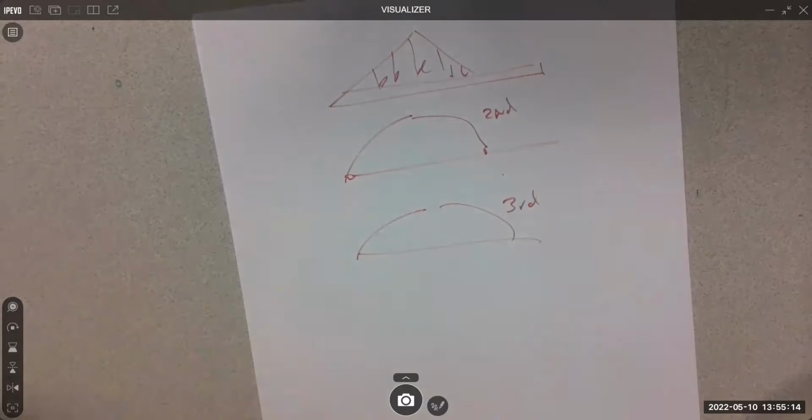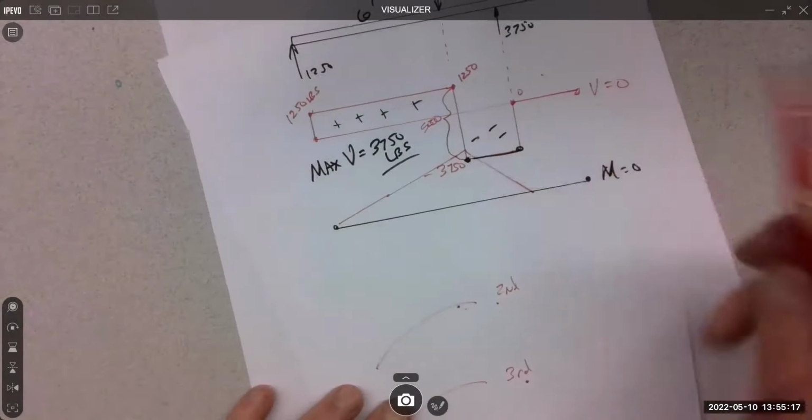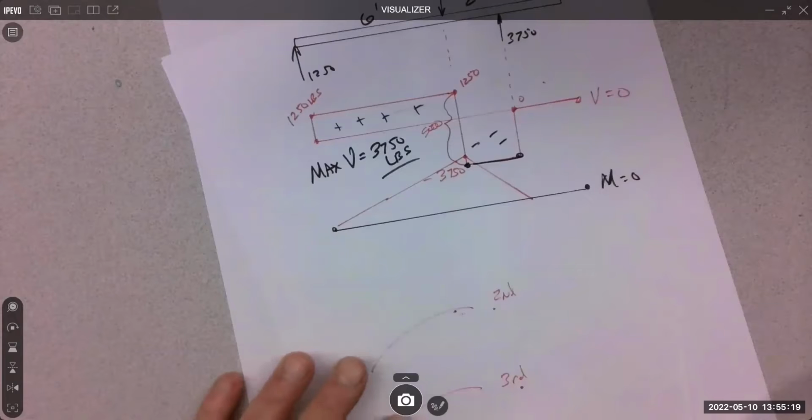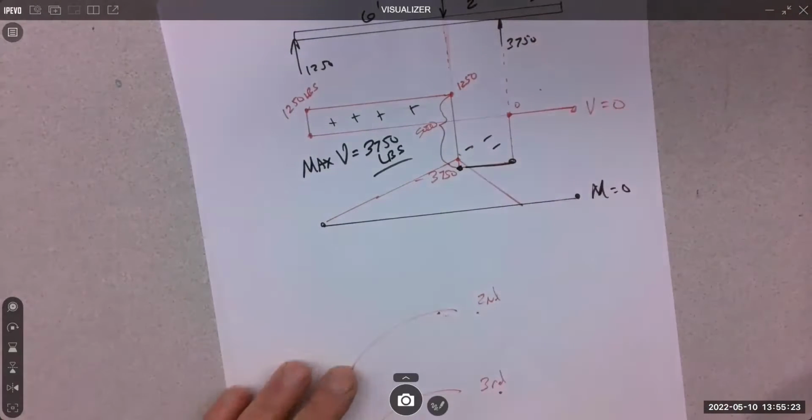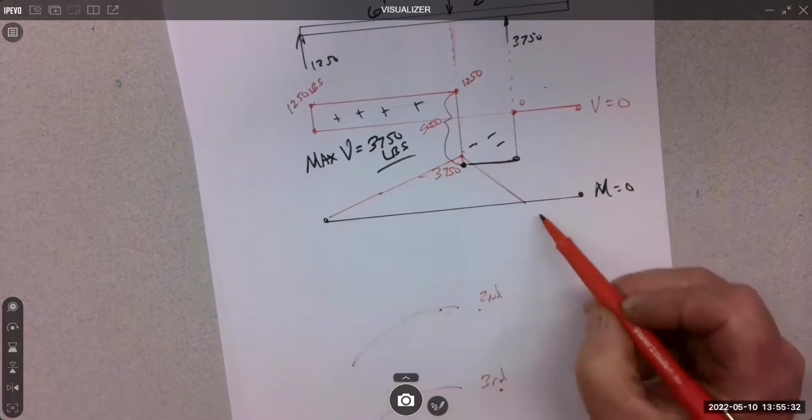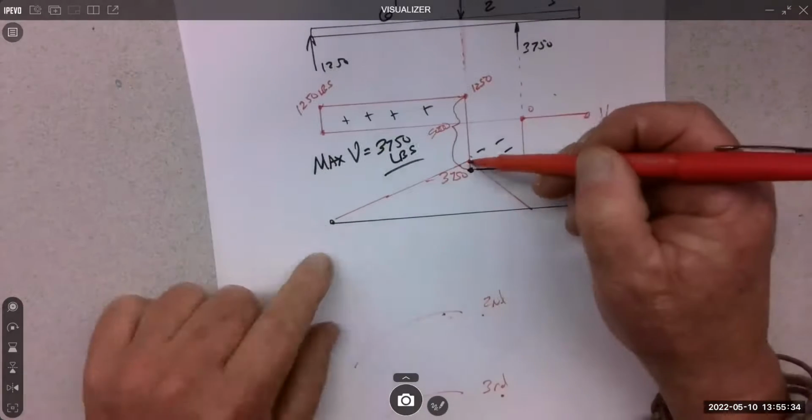That's how we're going to determine, in this case, what is the moment at that point? First of all, where is it? Okay, I know where it is. It's right there at that 5,000. I maybe could have guessed that. That's where the most bending is going to occur under that giant load, right? That's where the maximum moment occurs. And then now I have to be able to calculate it.